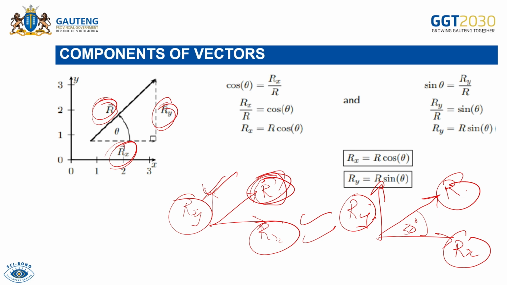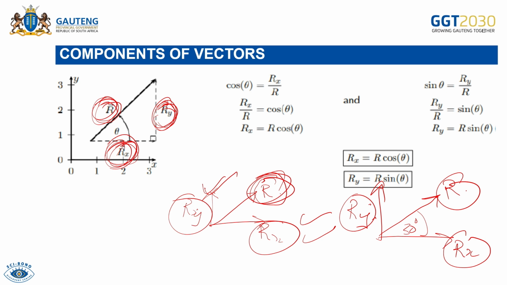Remember, your Ry is the resultant of the vertical forces, and your Rx is the resultant of the horizontal forces. Your R is the resultant of these two perpendicular forces, your Ry and your Rx. Now we are moving backwards.